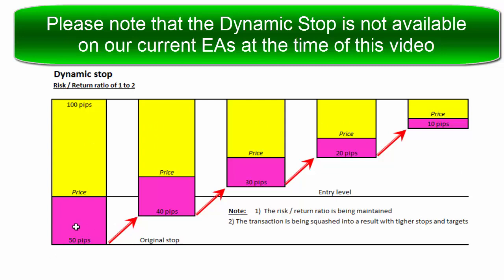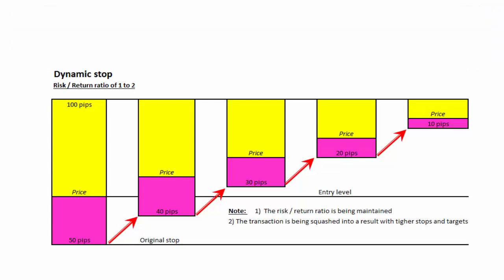So as you can see, the stop becomes smaller. It goes from 50 to 40 to 30 to 20 and to 10 pips as you get closer and closer to it. So it's squashing the price into the target. Also extremely effective, and that has the advantage of not giving back to the market a lot of pips.